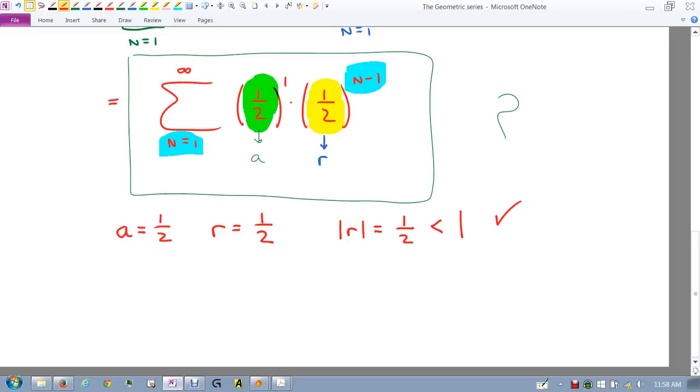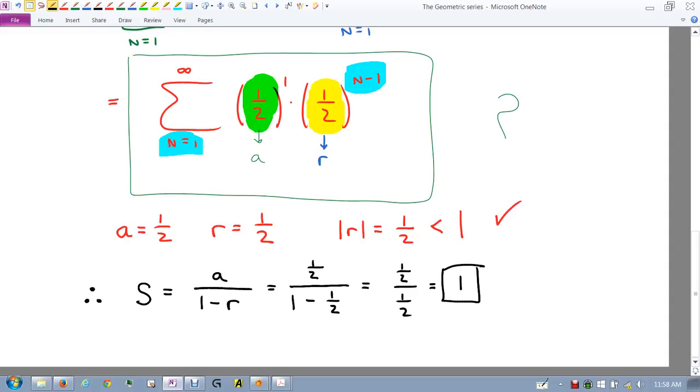Yes. Because it's less than 1, this converges. What does it converge to? So therefore, S equals A over 1 minus R, which for us is 1/2 over 1 minus 1/2, which is 1/2 over 1/2, which is 1. Which is what we said we thought it would converge to.